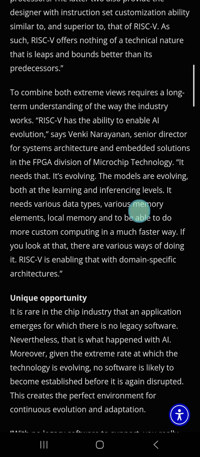And there are various data types and various memory elements, local memory, and to be able to do more custom computing in a much faster way. If you look at that, there are various ways of doing it. RISC-V is enabling that with domain-specific architectures."